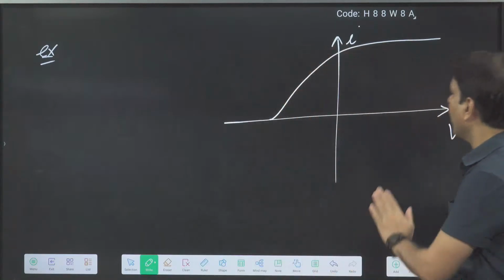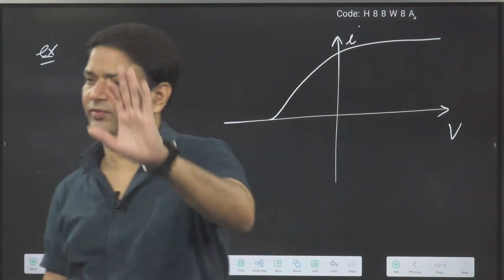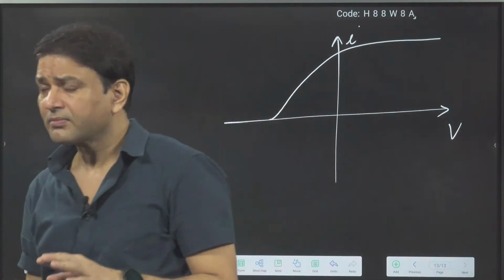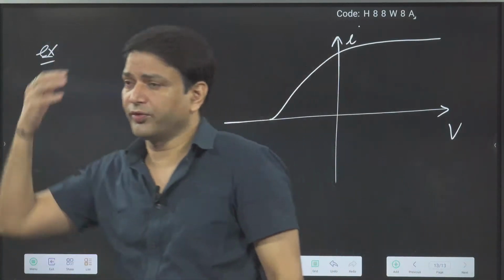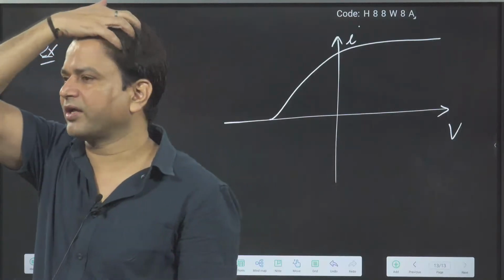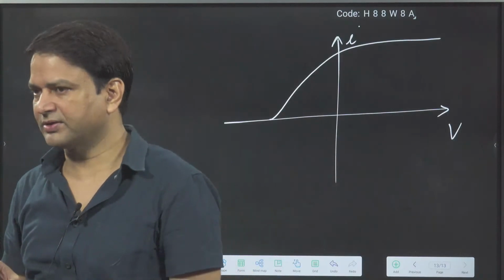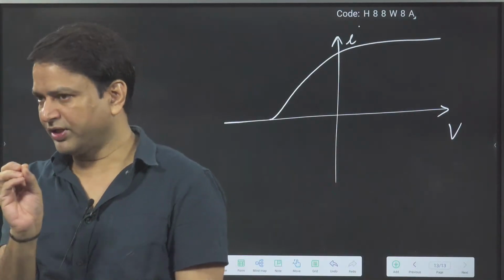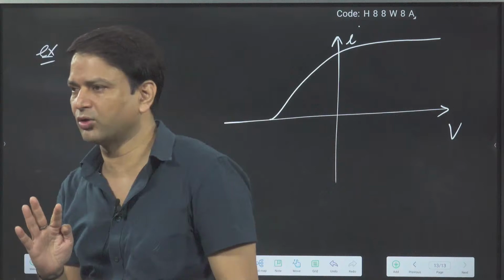Like suppose this graph, it is in the photoelectric effect, we will deal with it in detail. If you remember the photoelectric effect, we know that when photons fall on the metal surface, electrons start to emit. Suppose we are taking the potential difference between cathode and anode.